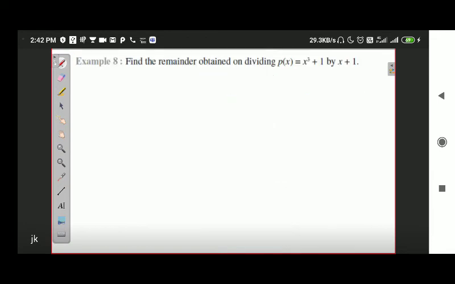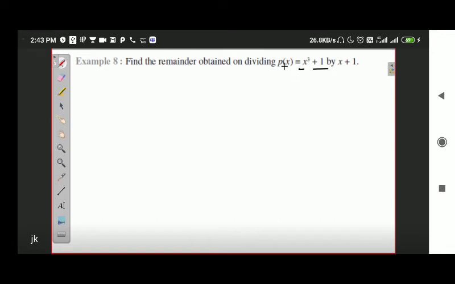Fine, moving on. Next is your long division. As I've explained earlier, for the long division, we have two terms. One is p(x), another one is g(x). And before doing long division, we have to determine two things. First of all, whether the given polynomial is in proper order or not, and whether all the powers of x are given.